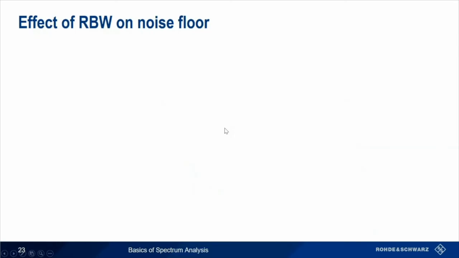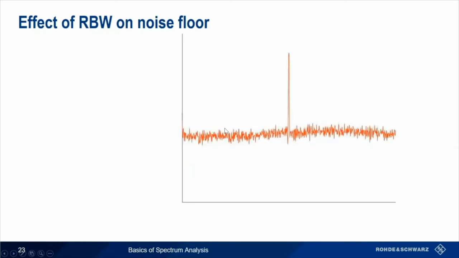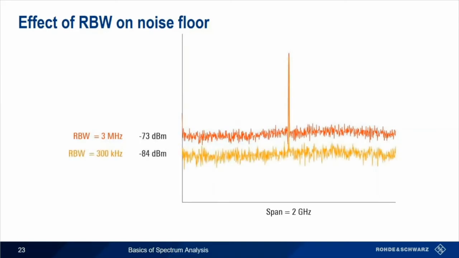So as we decrease our resolution bandwidth, in this case, we'll just use a simple CW signal with a rather large span of 2 gigahertz. As we decrease that resolution bandwidth, you can see that we go from, say, minus 73 dBm at a resolution bandwidth of 3 megahertz. As we step down to, say, 300 kilohertz, the noise floor gets better.